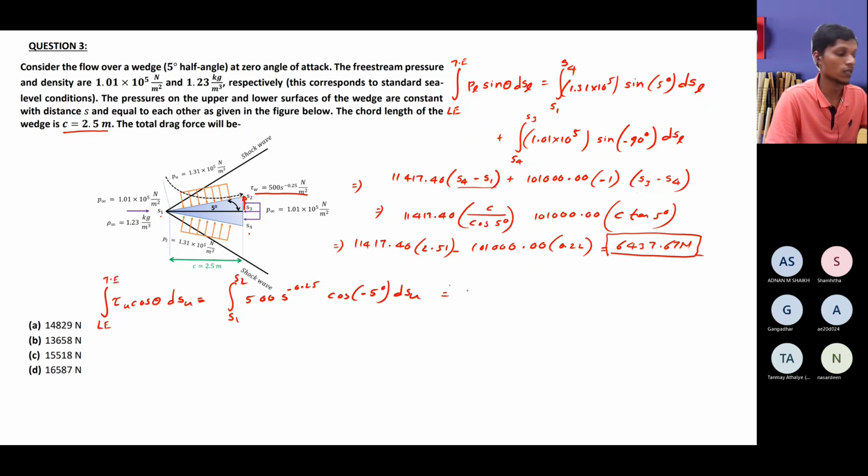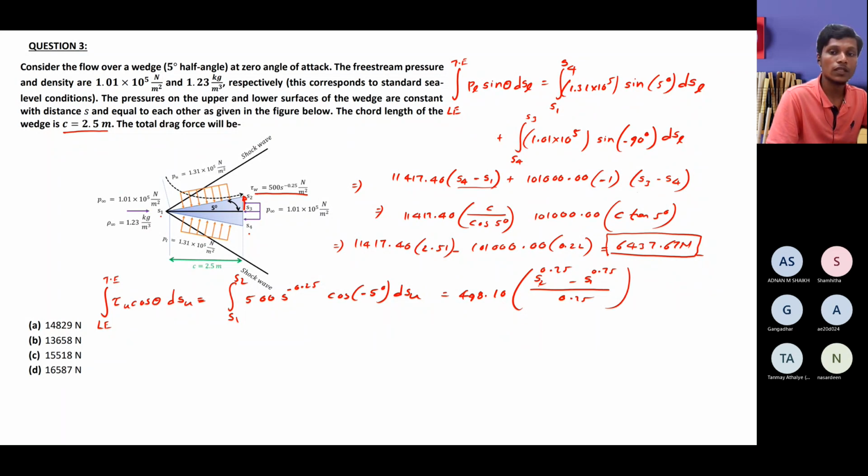That's why we are not considering it. So let's simplify this equation: 498.10 times S2 power 0.75 minus S1 power 0.75 by 0.75. So this is your simplification.